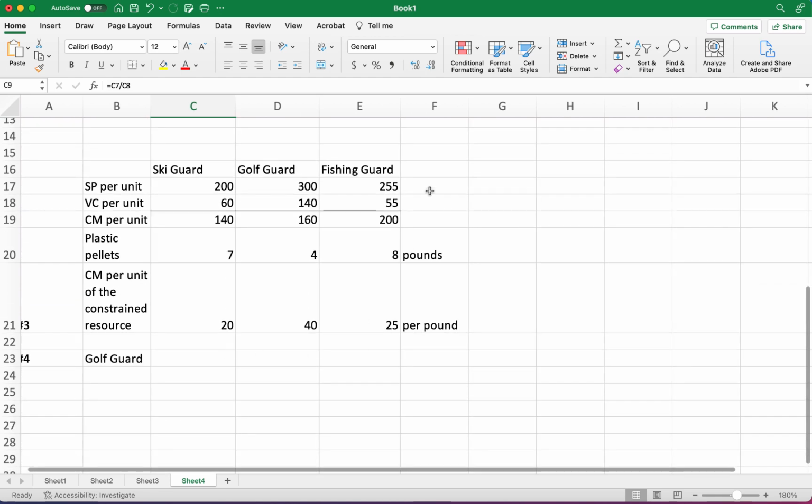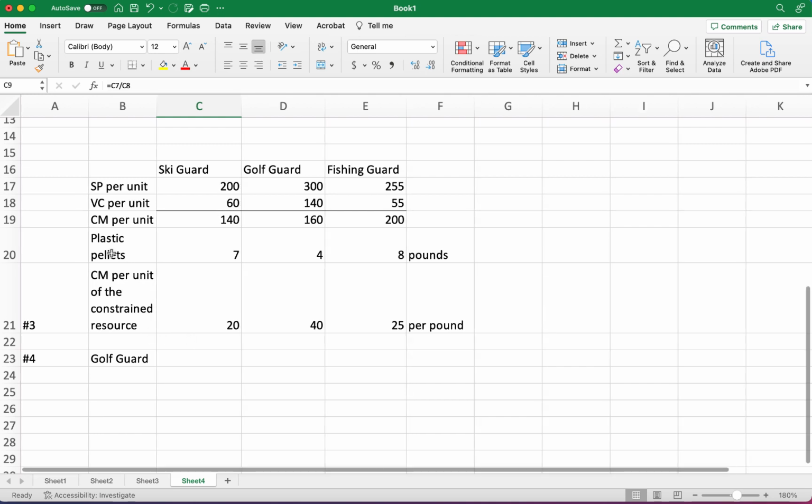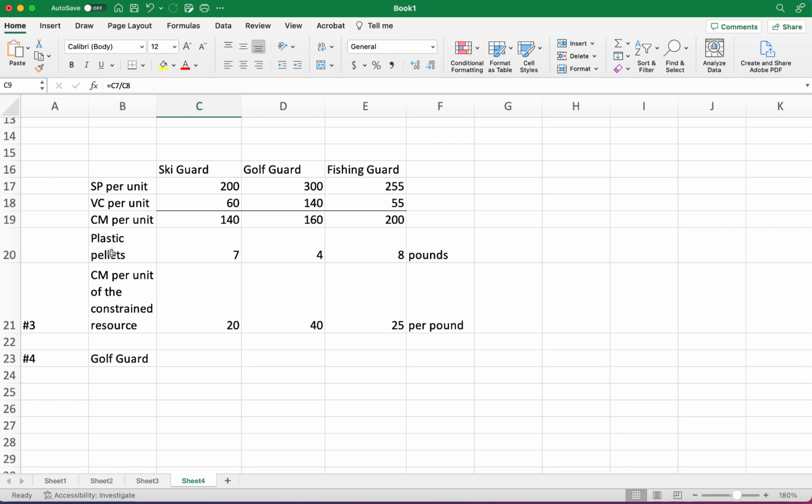Same thing with the new constraint, which is the plastic pellets, right? We're analyzing and looking at the same thing, meaning we're looking at the contribution margin. The fishing guard provides us the highest contribution margin per unit of $200.